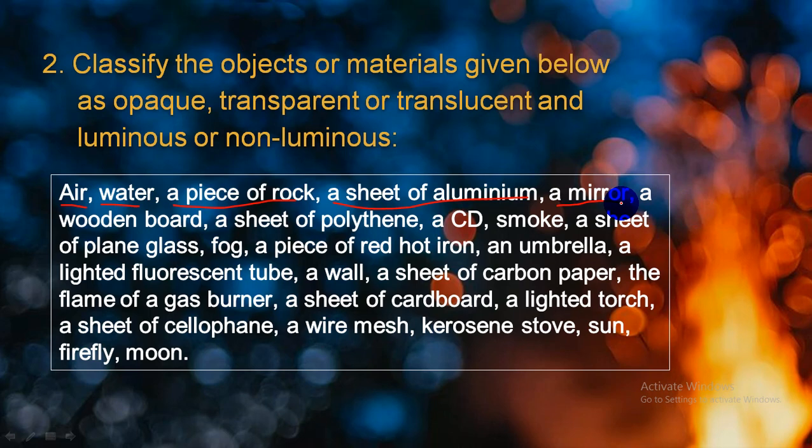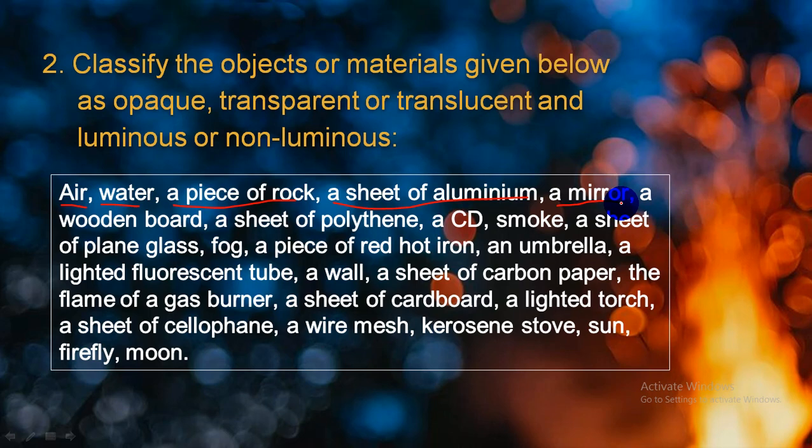See dear, here you must understand the difference between glass and mirror. The glass which you use for drinking water is transparent, and it allows light to pass through. But a mirror is made by coloring one side of the glass.